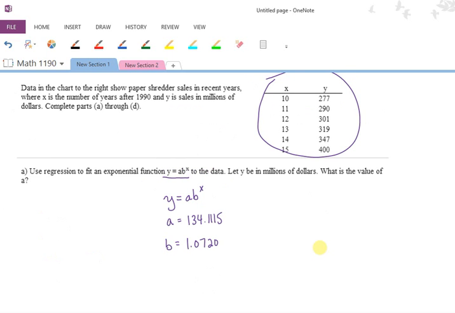That means that when I plug this in, I'm going to get y equals 134.1115 times 1.0720 to the x. That means this function fits that data.